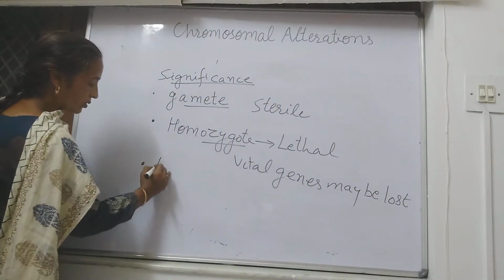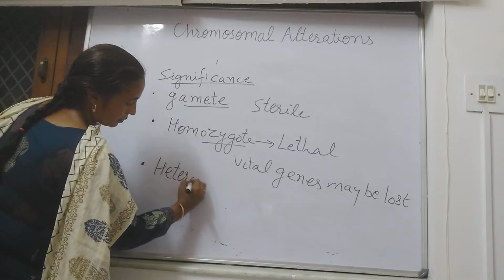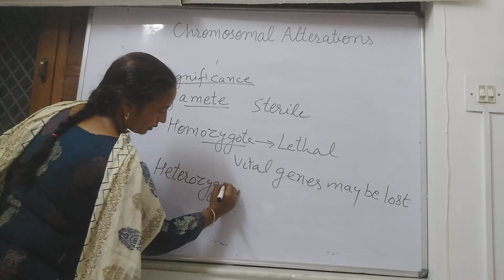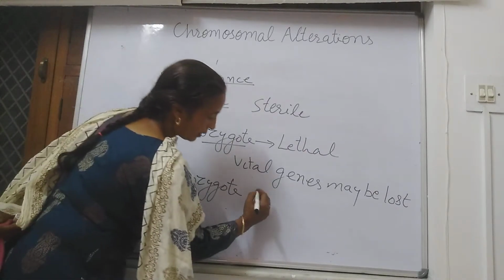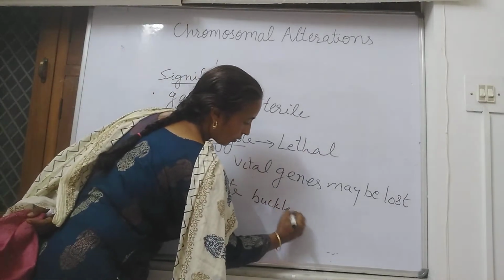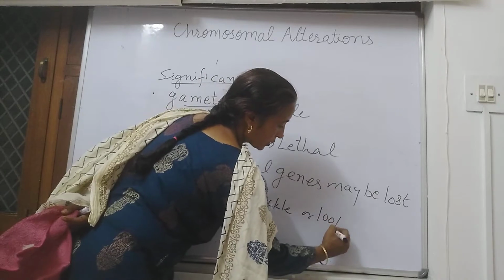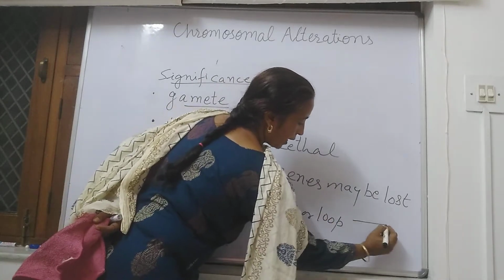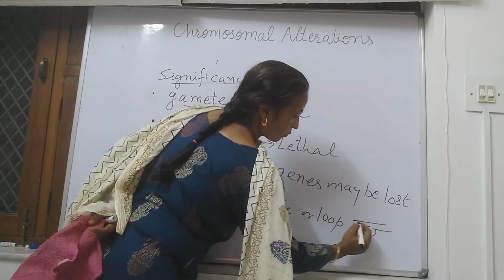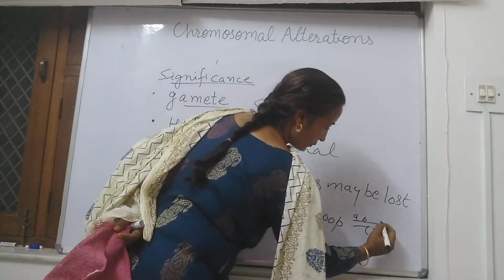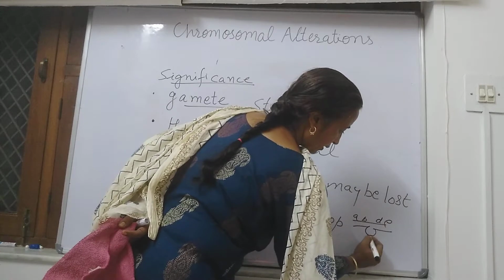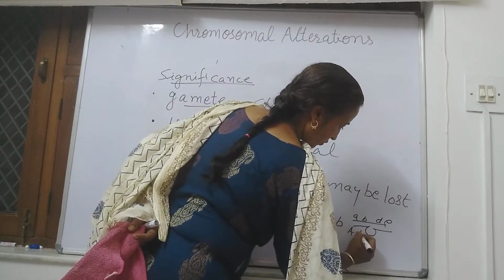In heterozygote, at the time of pachytene stage, a buckle or loop is formed. Suppose the genes are A, B, D, E, and this is C, which is lost.